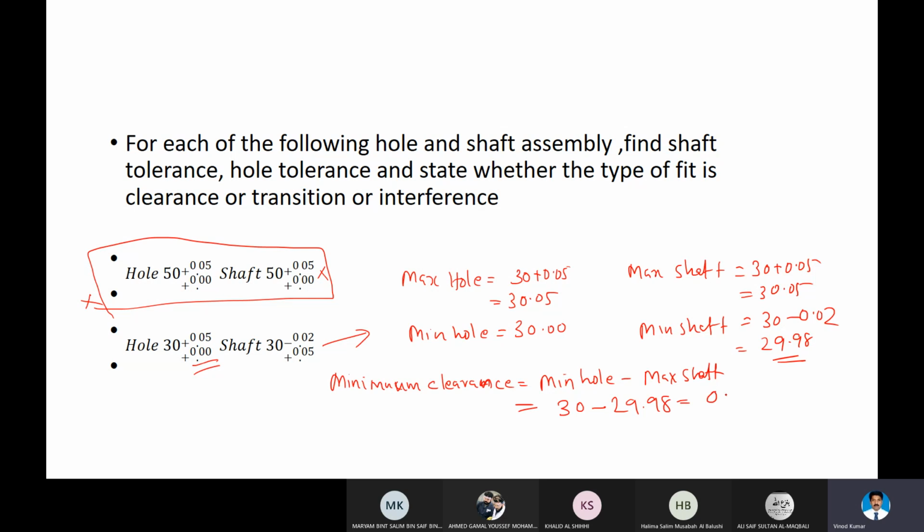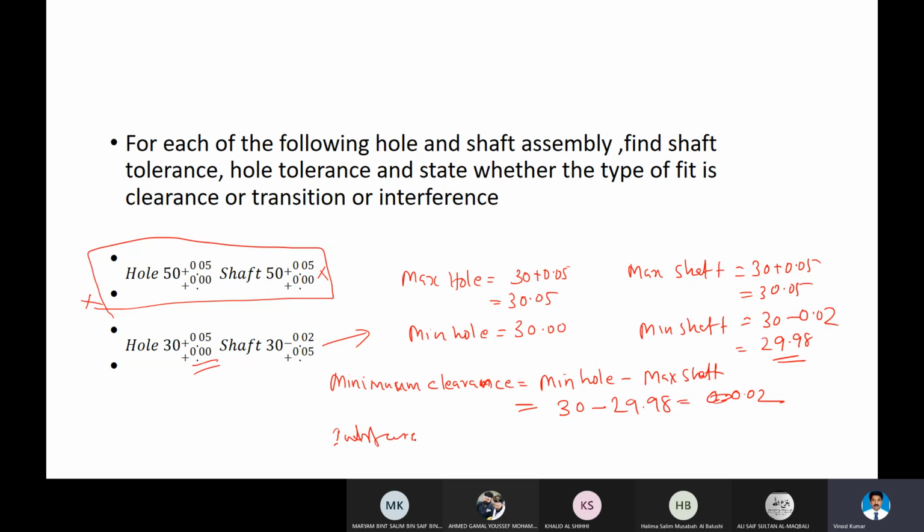So you will get 0.02. Correct, right? Yes. Okay.